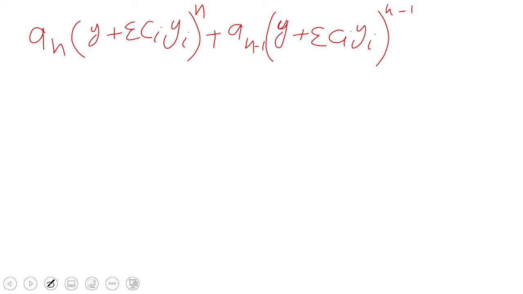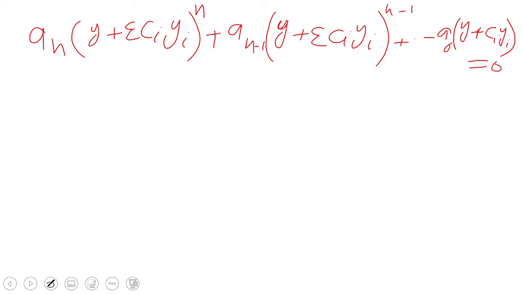This is not a power, it is a derivative. And let's write the last term, a_0 times y plus epsilon ci yi, and it must be 0.